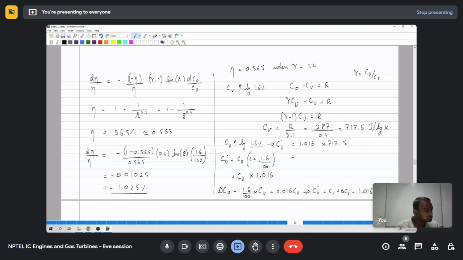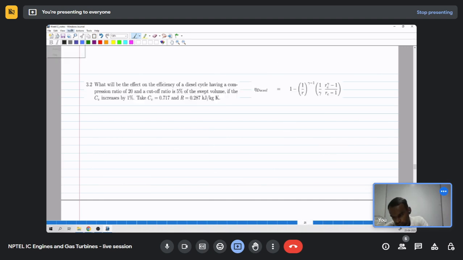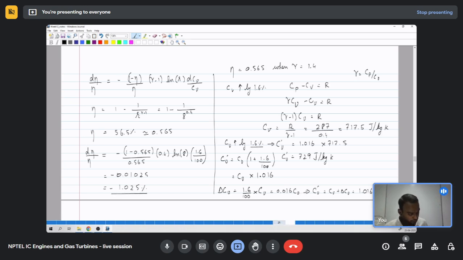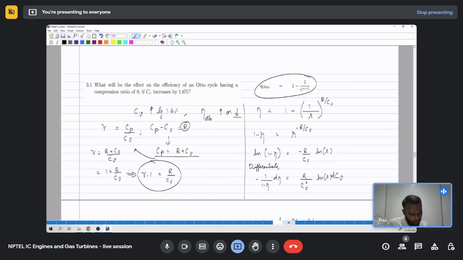So I can approximate it to 729 joule per kg Kelvin. So this is CV prime, right? So I have CV prime, and I can calculate eta prime.